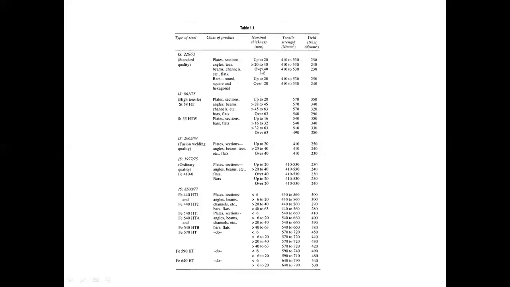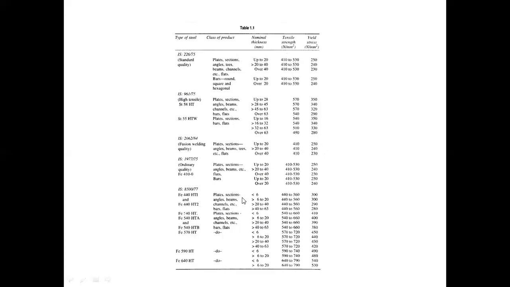Here is the thickness of these standard types of steel bars. You can see greater than 20 to 40, and so on; here is the thickness used. Here is tensile strength. The tensile stress can be denoted in the designation itself, so you can also find the tensile strength from the designation.